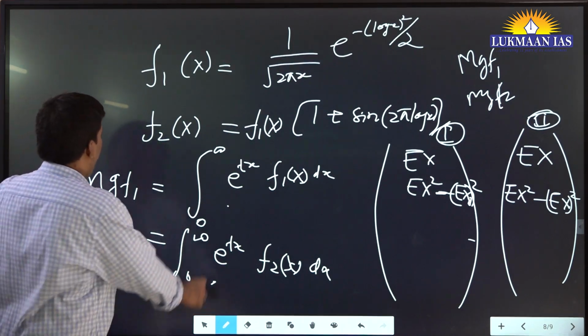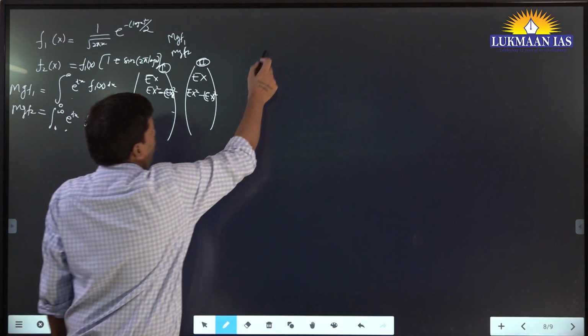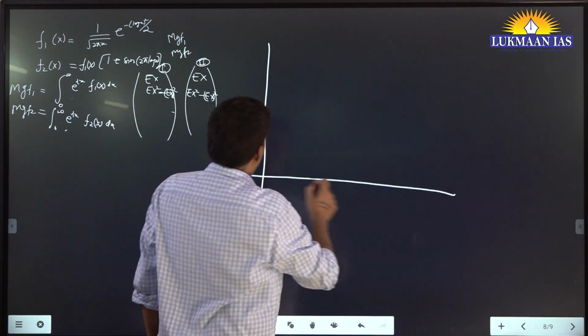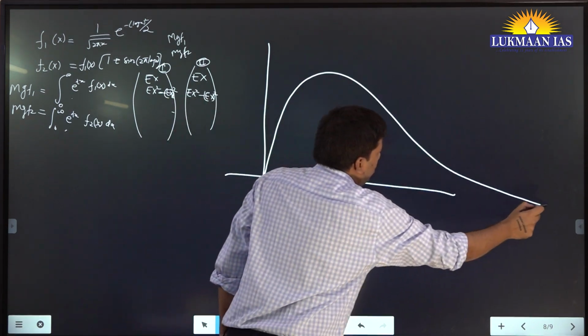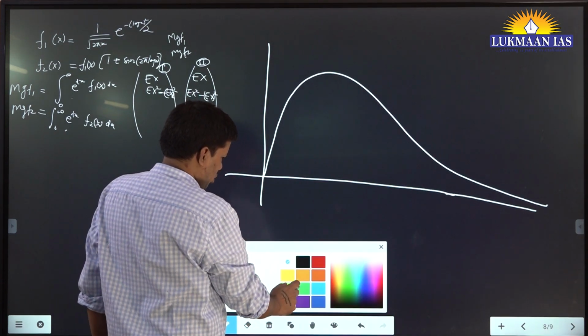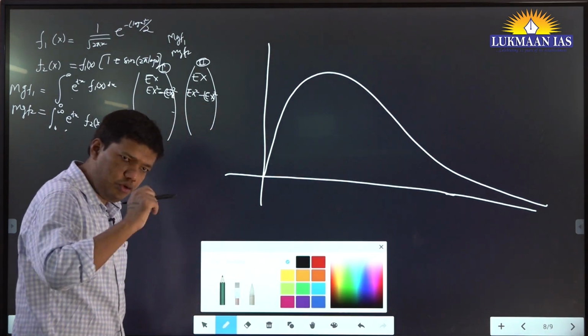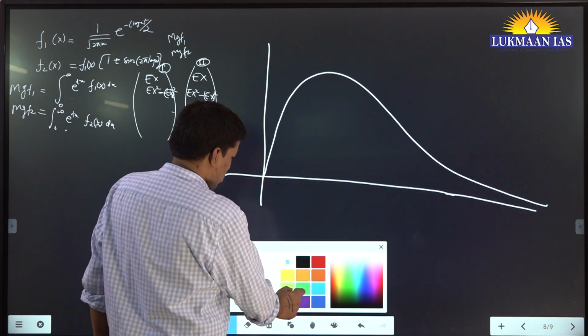If you want to see the graph of this function as well, for your convenience, I will draw that. Moments are same, but the distributions are not same. Let me take this one.